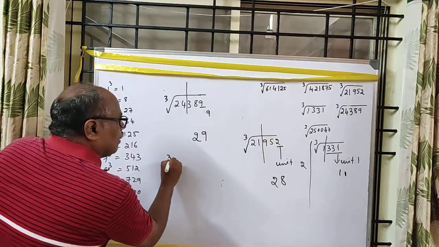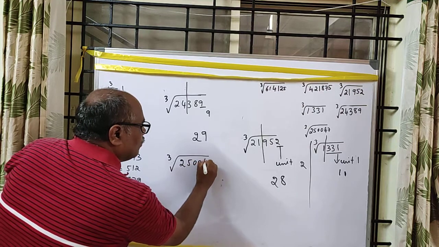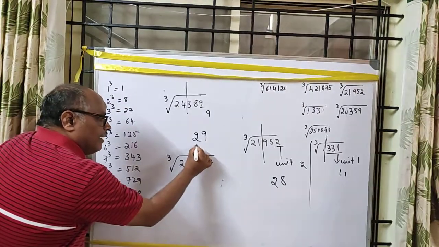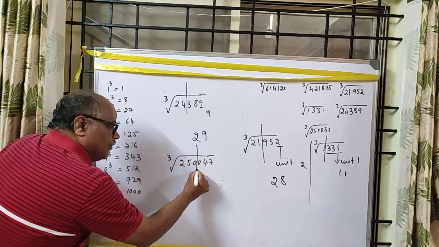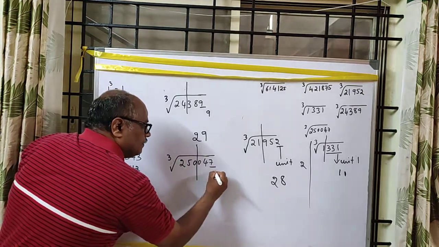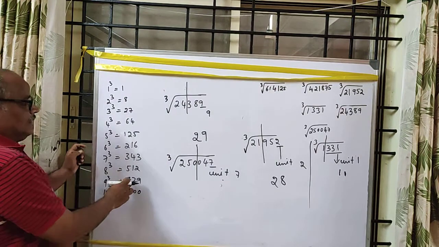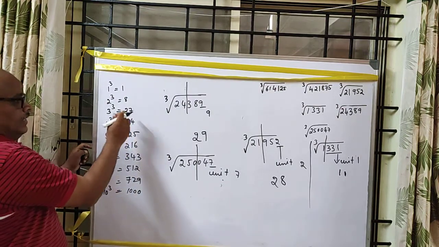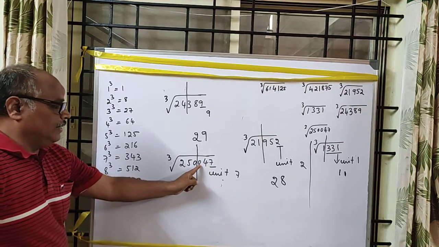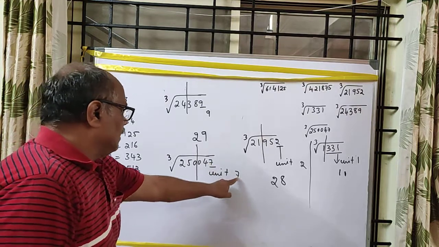Similarly, the cube root of 250047. You know well, for every 3 digits from the right side, grouping. In 047, the unit place is 7.